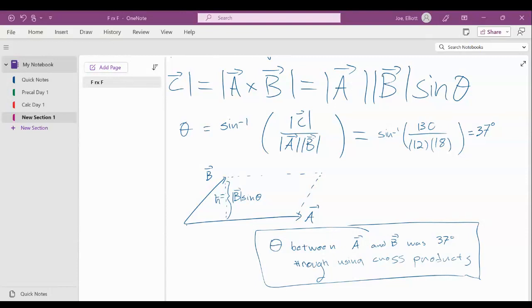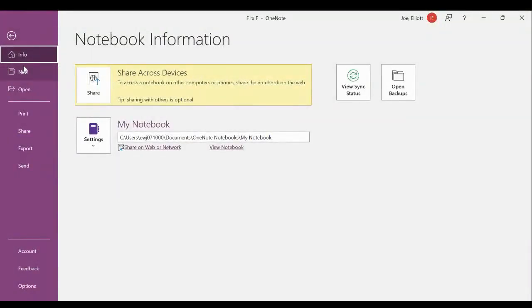Oh, yeah. Okay. Is it in there? Yeah. Really?